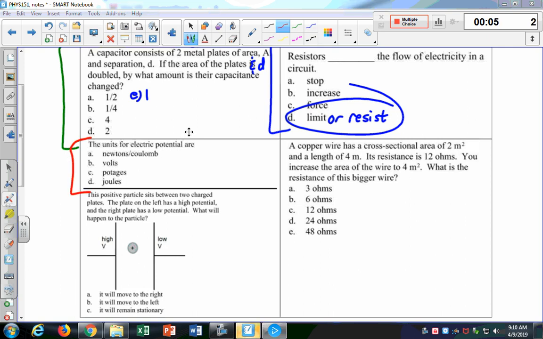What are the units for electric potential? Remember, electric potential, that's V, or voltage. All right, let's stop at 40.